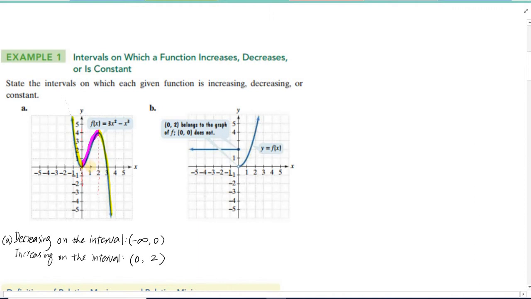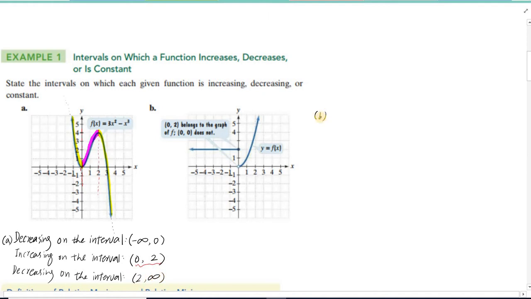So your graph starts at 0 and then 2. So from 2, decreasing on the interval. Now we're looking from here, from 2, and if you extend it out, that means it's going right side forever. That means from 2 to positive infinity.